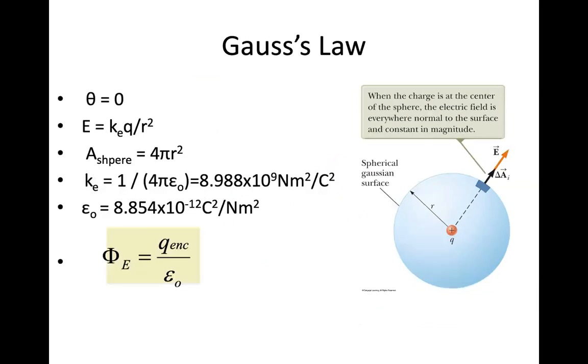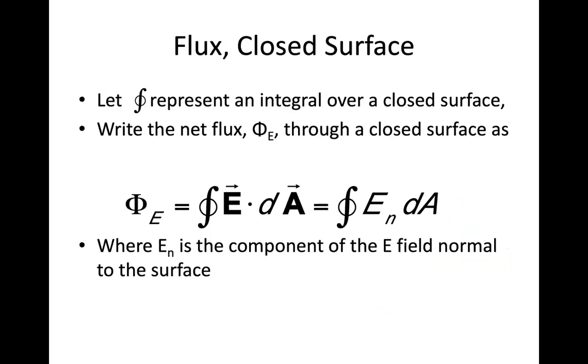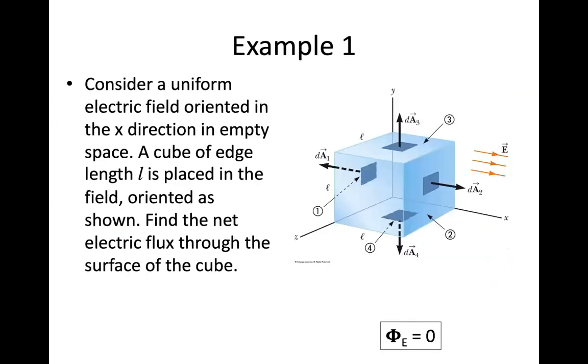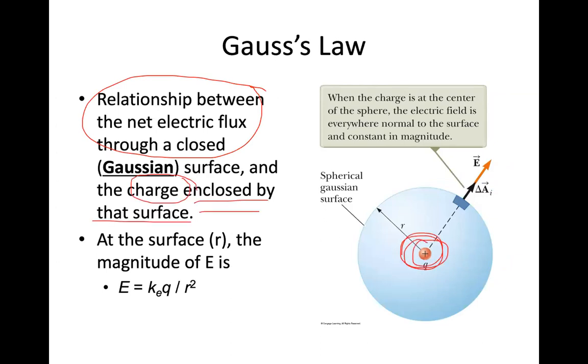Okay, let's look at a second part of Gauss's law. Gauss's law first starts to relate the flux to that electric field. We did that. The second part of Gauss's law says, let's relate that flux to the charge that is inside that surface, to this little dude right here.